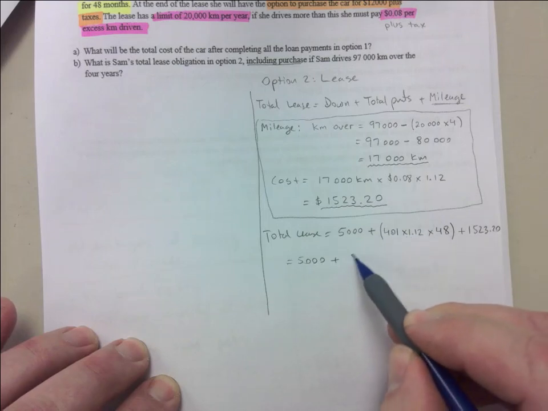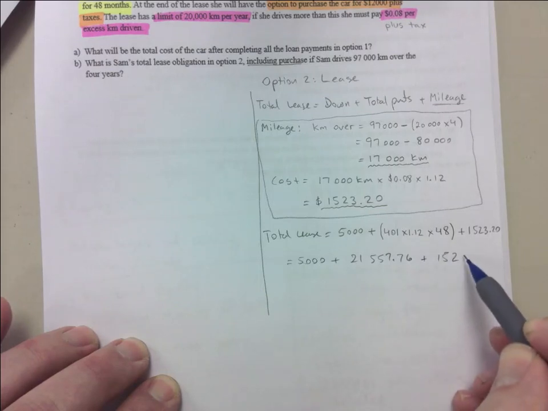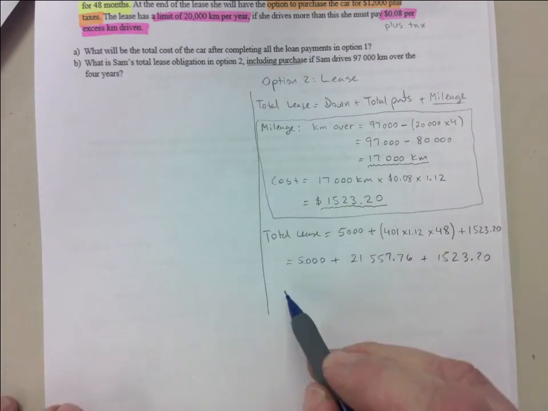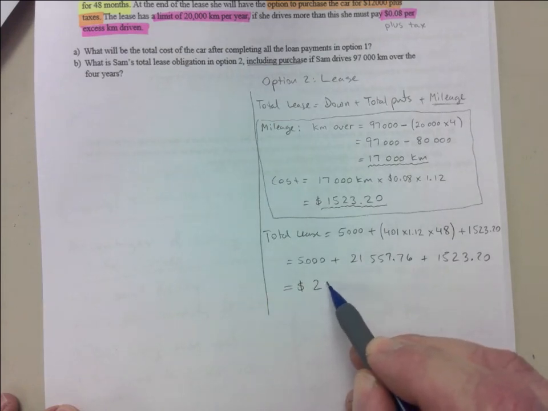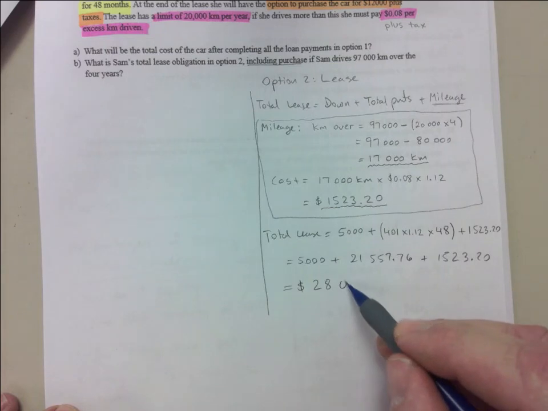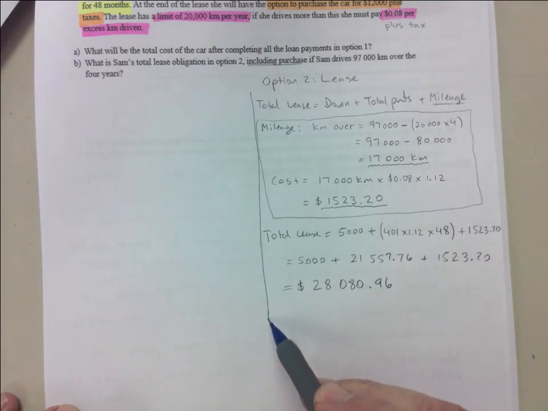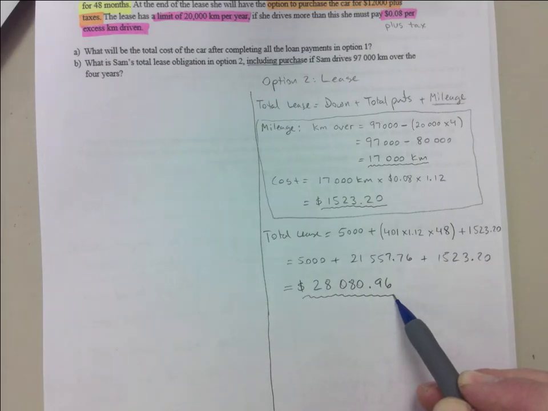This gives us 21,557.76. Giving us a grand total of $28,080.96. This is just the lease. Just the lease.